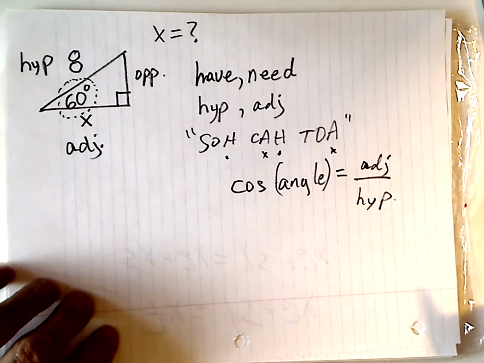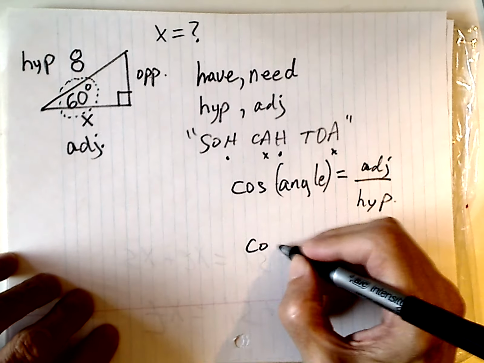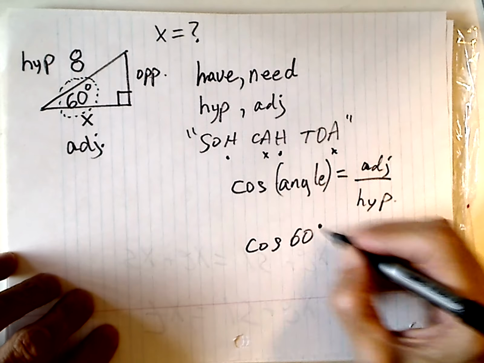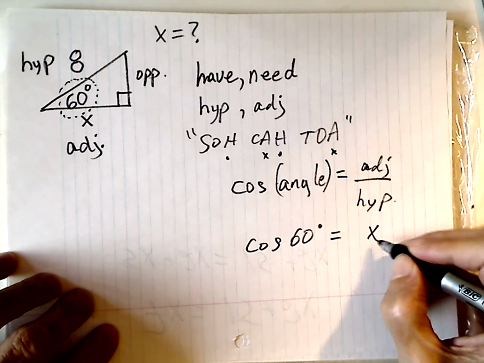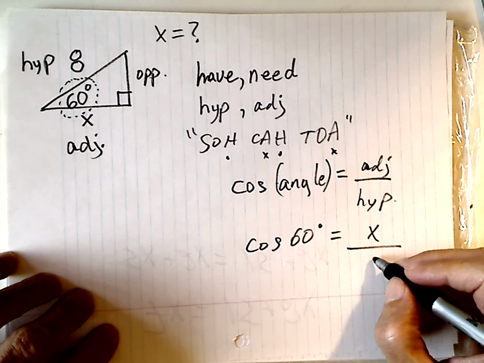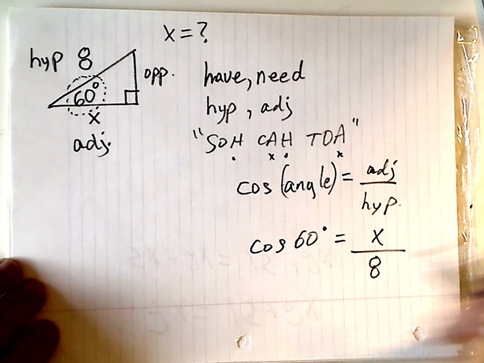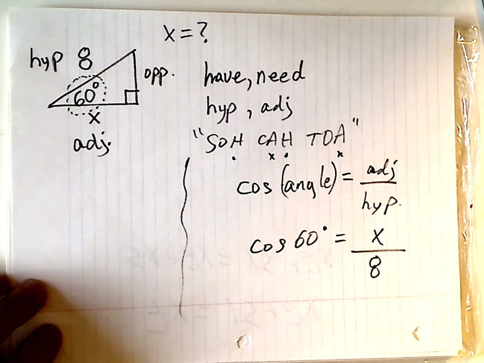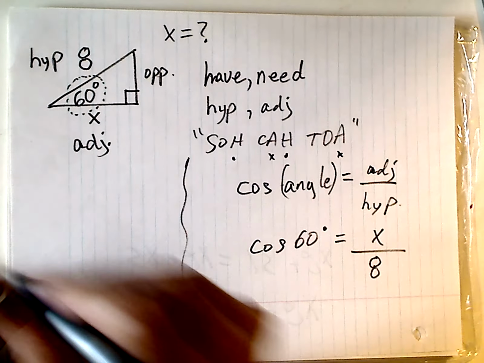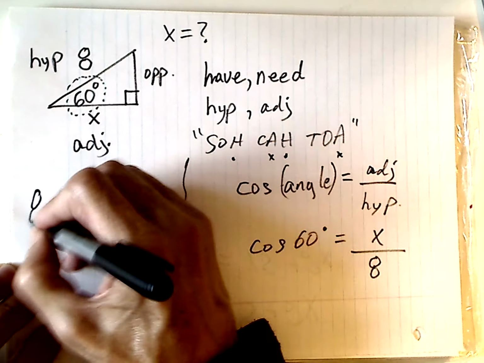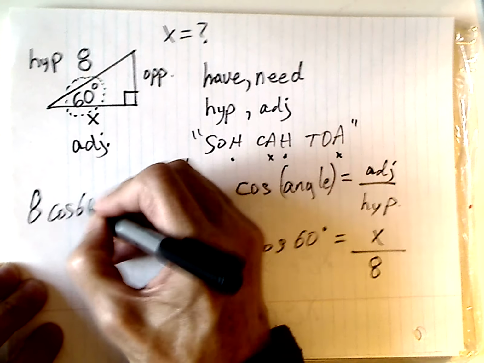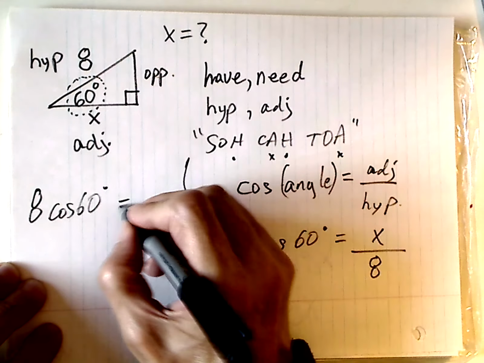Now let's get specific. Cosine of 60. Adjacent x, hypotenuse 8. Still nice. Okay. Same algebra as before then. The 8 comes up, multiply both sides. You get 8 cosine of 60, which is x.